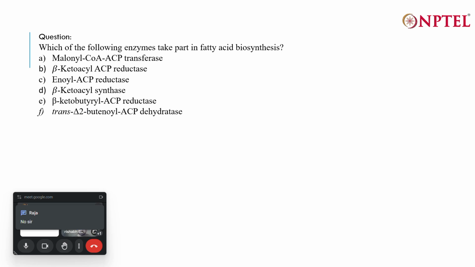Which of the following enzymes takes part in the fatty acid biosynthesis? So what can be the correct answer?